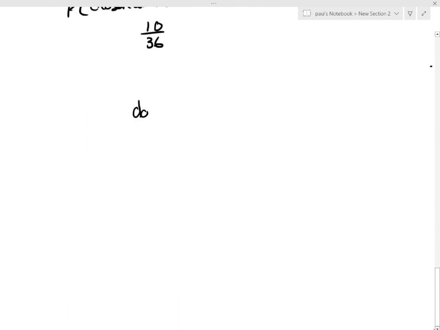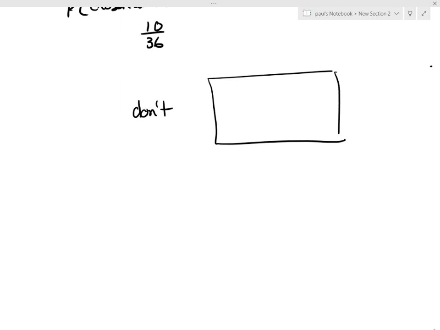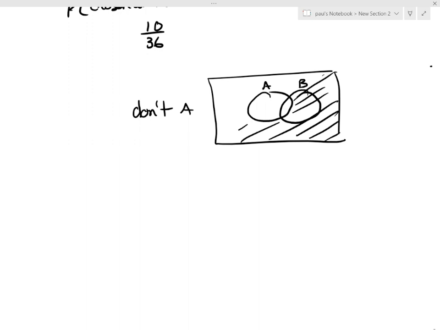When you don't do something, for example A, you don't do A, it's everything apart from A. So it would be all the people in this bit, everybody that's not in A. So that bit's in A, that bit's in A. So if you add all the people here, you'd have, say, 2 and 12.